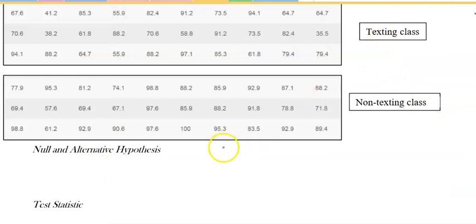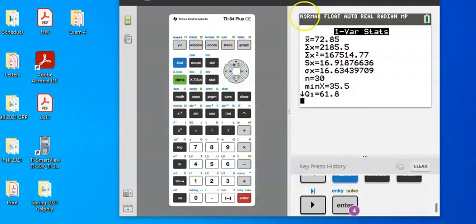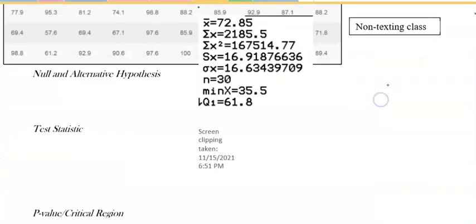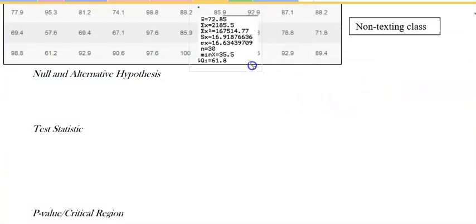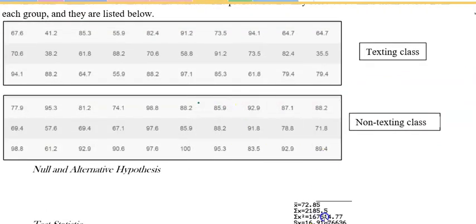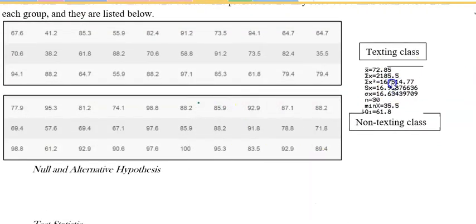So for the texting class, this is the data that we got. We don't need all of those, of course. They have a lot of information in there. So I'm going to take this and I'm going to put it right there.